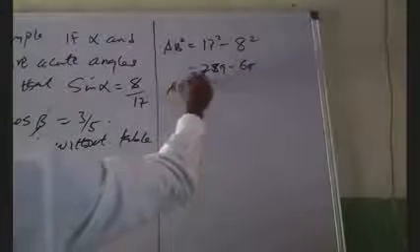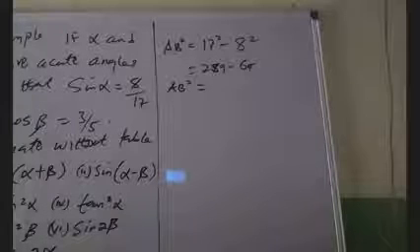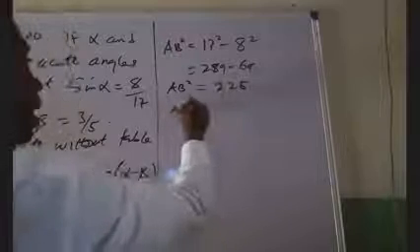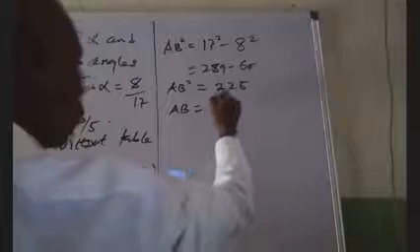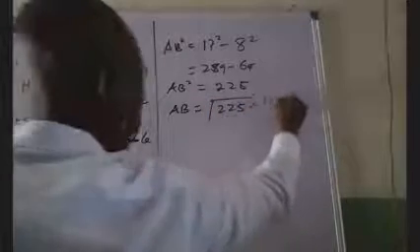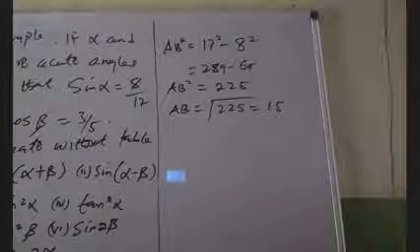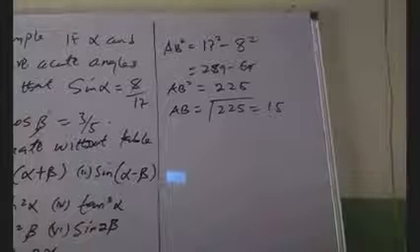So my AB squared is equal to 225. So my AB will be equal to the square root of 225, and that will be equal to 15. So here I have 15.